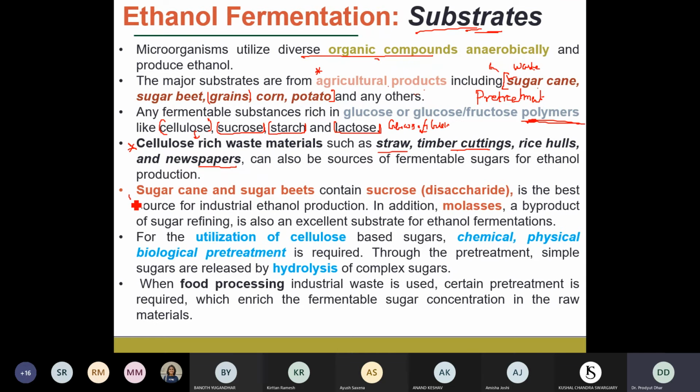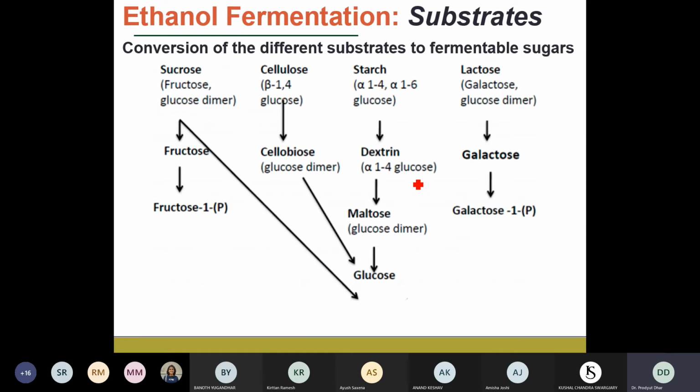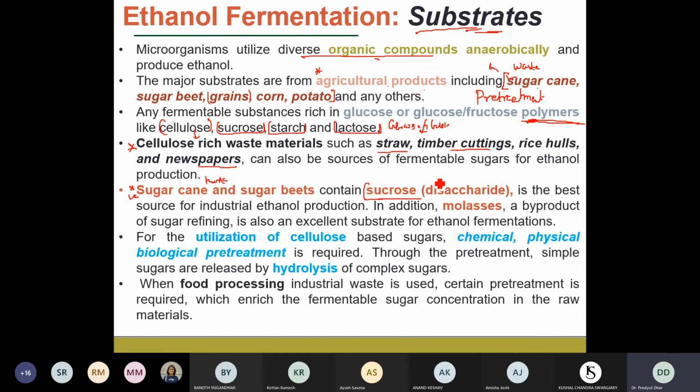Some of the most widely used other agriculture products are sugarcane husk and sugar beet wastes, because they contain sucrose, which is a disaccharide.